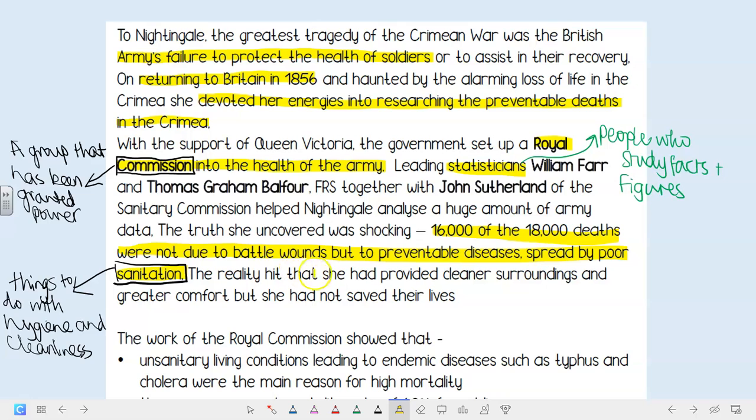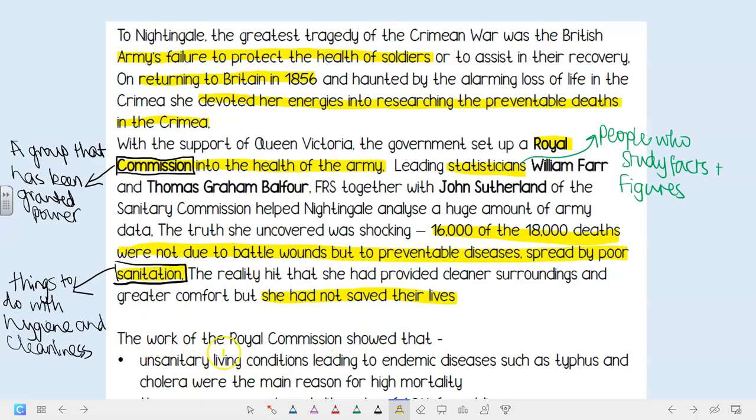So the reality hit that she had provided cleaner surroundings and greater comfort, but she had not saved their lives. So this is important. This commission finds that even though Florence Nightingale did make a difference in some cases and she made things better for them, she didn't necessarily at that point save people's lives.